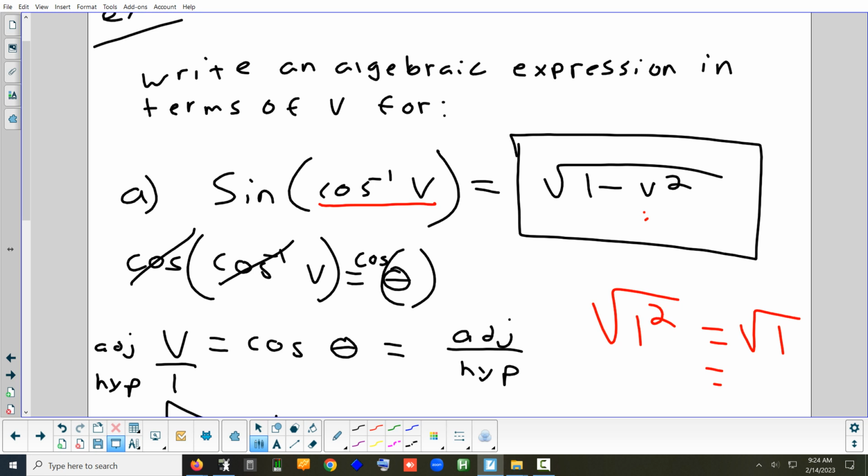Because if you take the square root of 1, you're asking what number times itself is 1. 1 times 1? -1 times -1. So 1 or -1. A lot of times, though, if we're looking for positives and negatives, they put this symbol in front of the root, so that way you know you're looking for both. Depends on the problem.